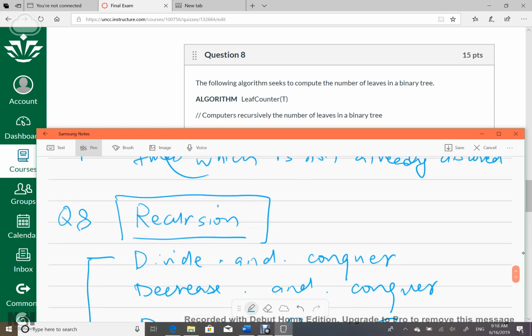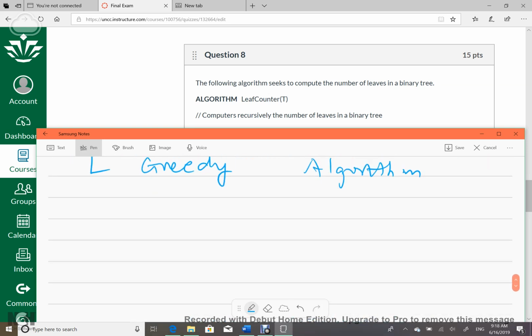So since we use recursion, we have to check that. In the recursion, we need to make sure, for example, a function R invokes itself, right?